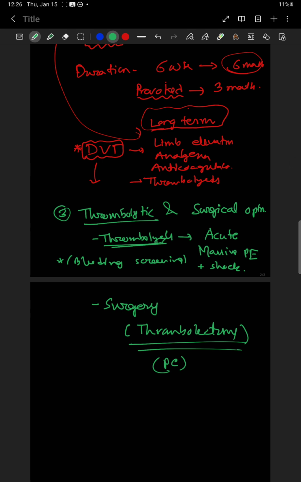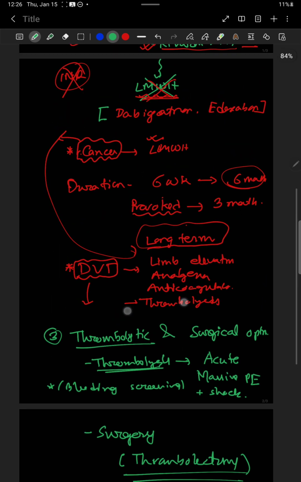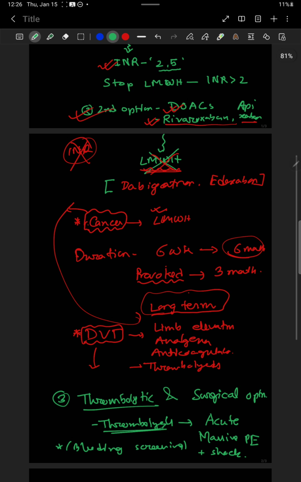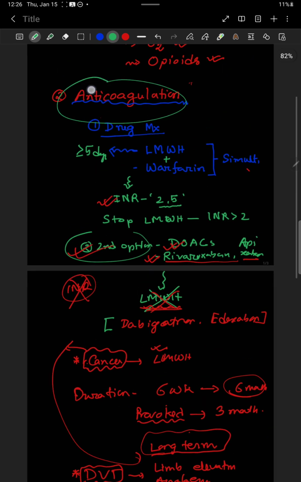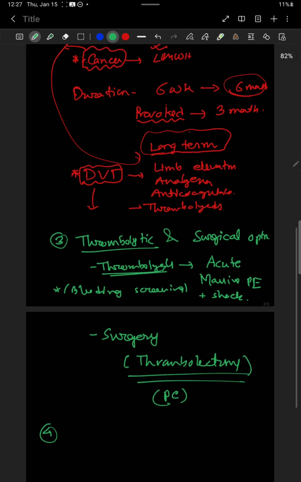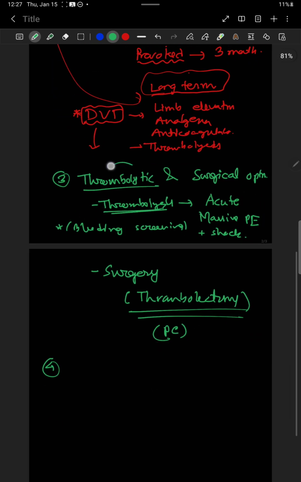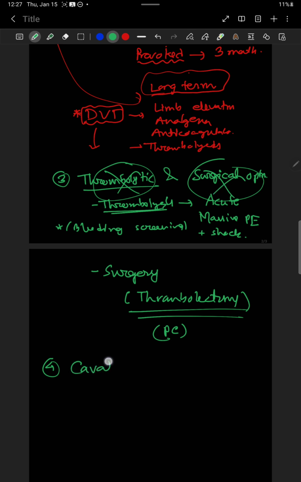Okay, now the next option is, if you cannot give the anticoagulation drugs, and there is also a problem with the thrombolytic and surgical option, then there is another way, it is called the cava filter. In the inferior vena cava you will put this filter.